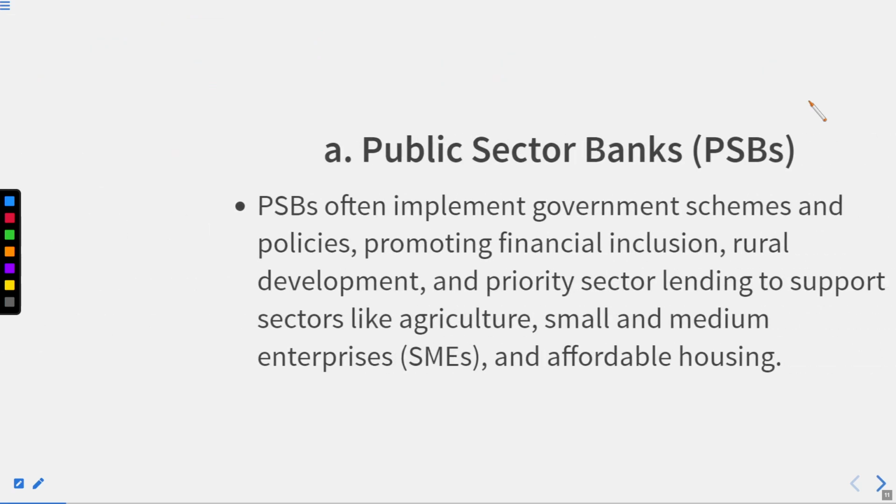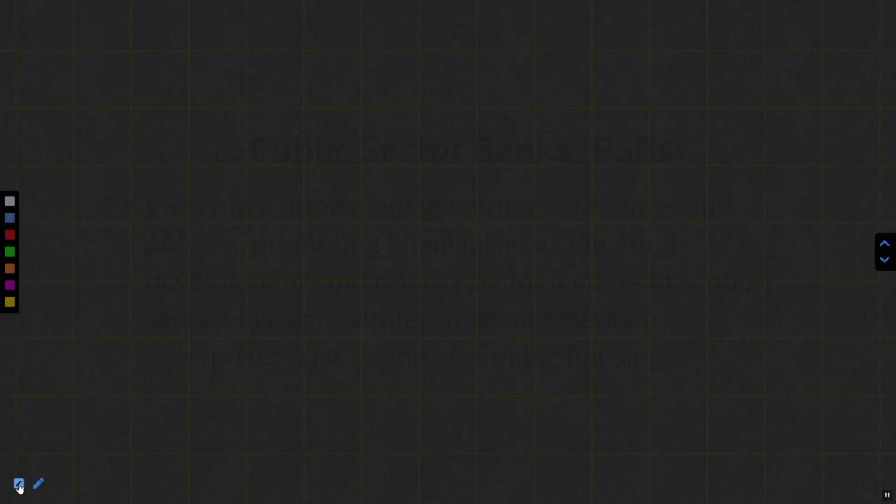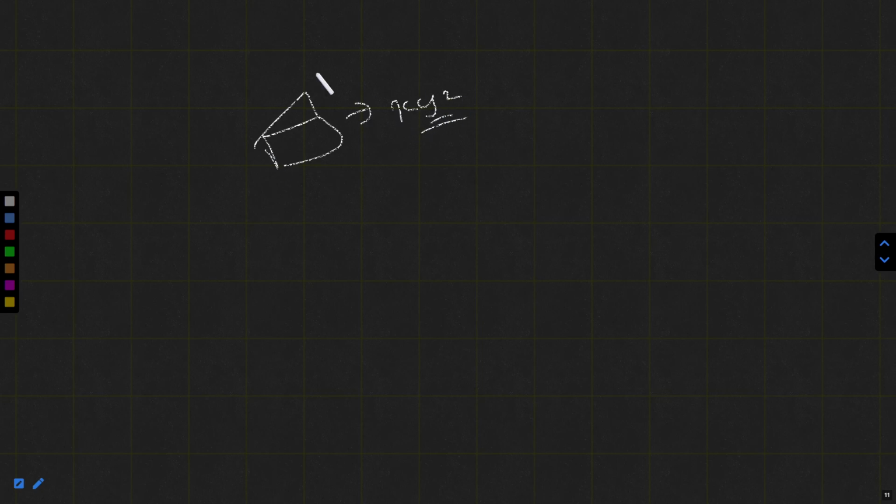Second, public sector banks implement government schemes and policies promoting financial inclusion, rural development, and priority sector lending to support sectors like agriculture, small and medium enterprises, and affordable housing. Suppose this is XYZ, and the government owns more than 51% of stakes.